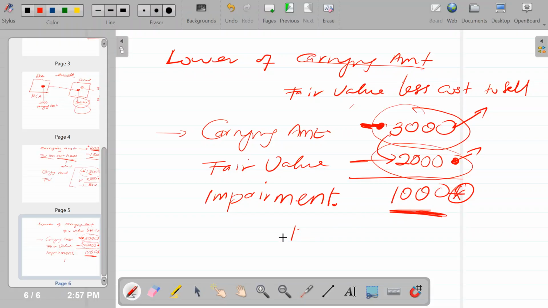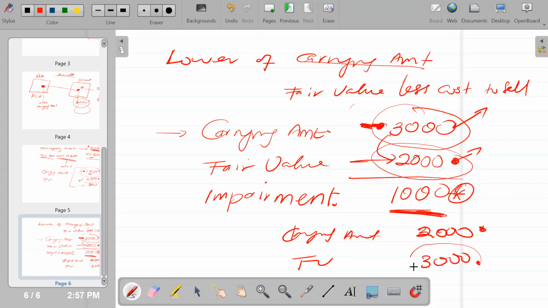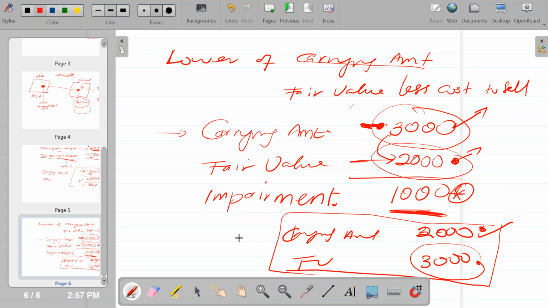But if the carrying amount is 2,000 and the fair value is 3,000, this is what we have stated in the books, and this is what we will get when we sell. Then it's like a profit to us. We will get even more when we sell. So in that case, we don't do anything to it. We just maintain the carrying amount, 2,000. Do you get it? So that is how the dynamics is.